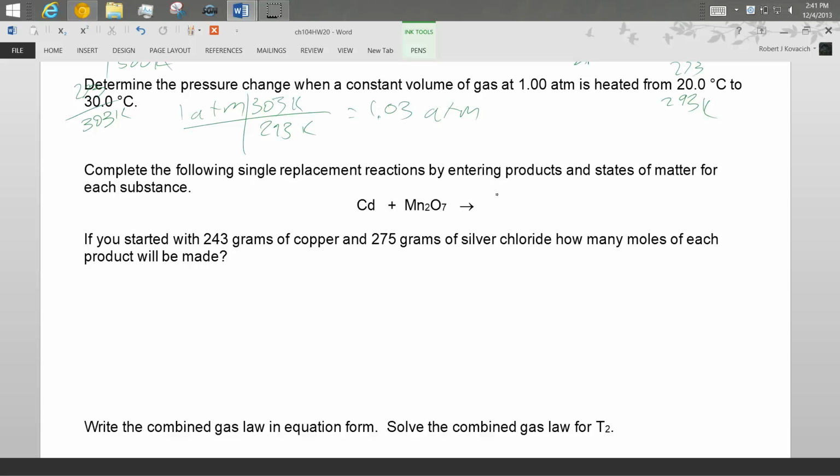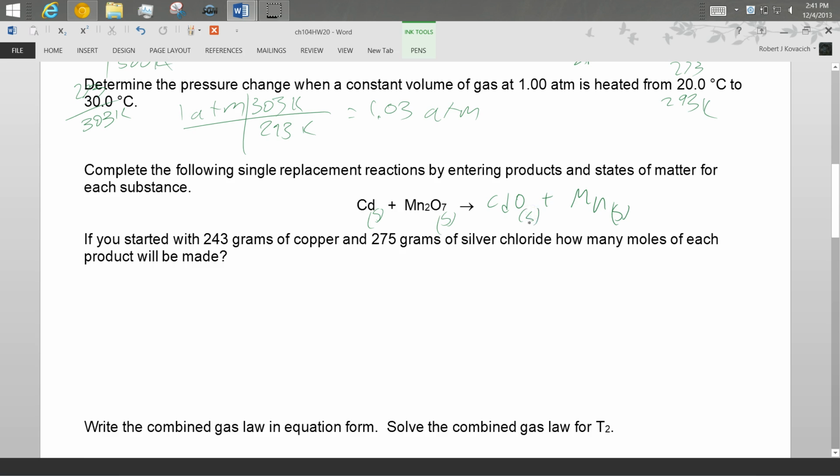Do we even have any options? No, cadmium's only possible charge is either 0 or 2 plus. So then this is a CdO and an Mn. So that's a solid and that's a solid. And that guy's a solid, and that guy's a solid.